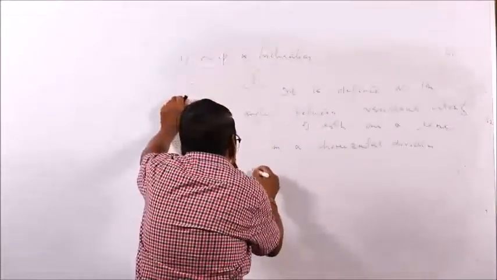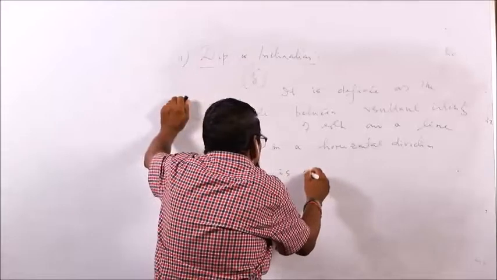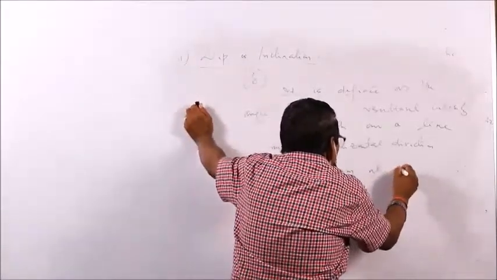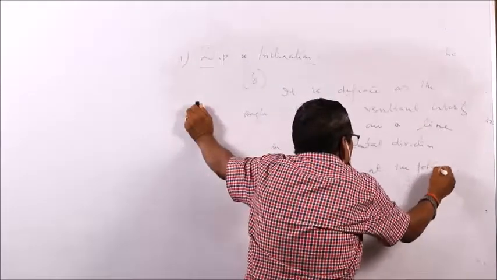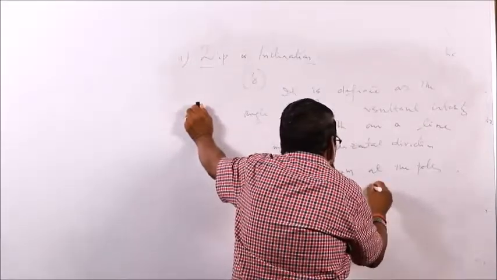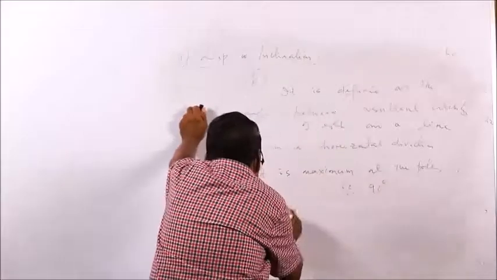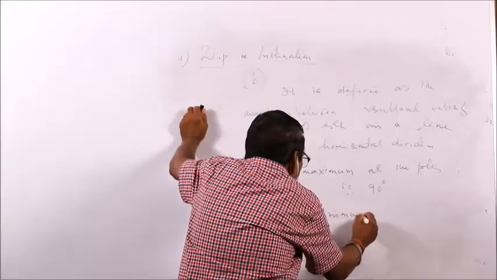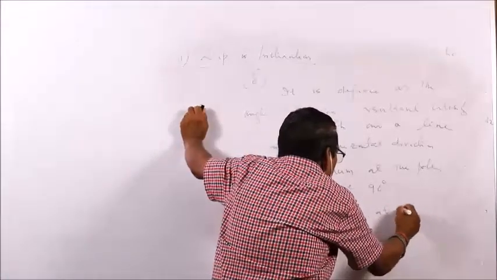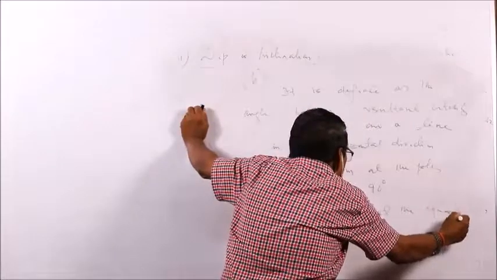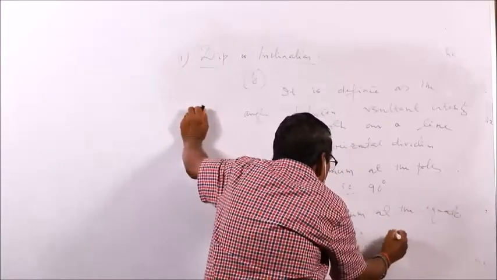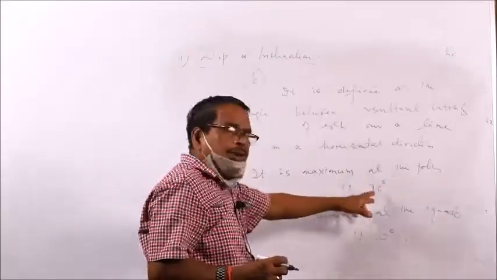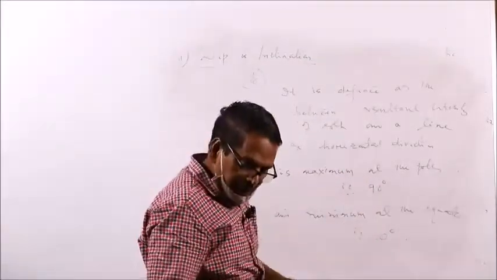It is maximum at the poles, remember this, that is 90 degrees, and minimum at the equator, that is 0 degrees. So dip is maximum at the poles, the value of dip at the poles is 90 degrees, and at the equator it is 0 degrees.